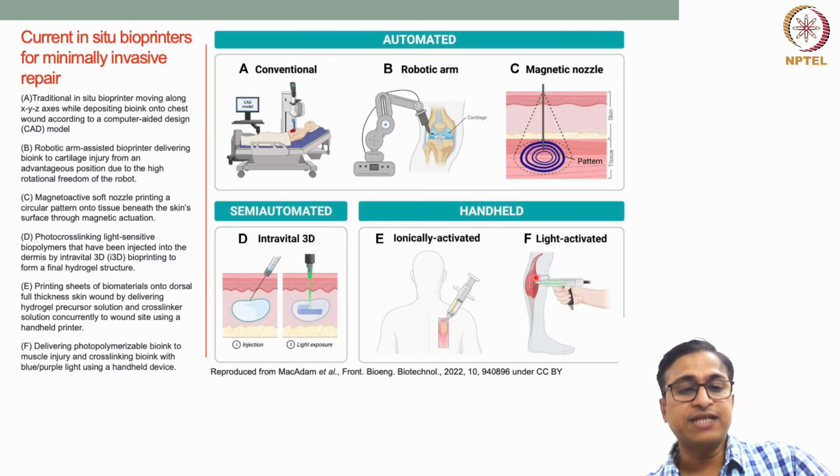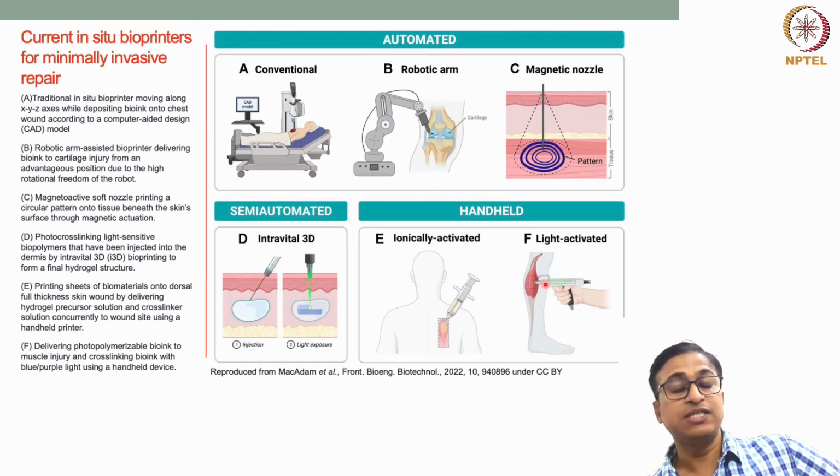Similarly, there is light activated handheld bioprinting, where a photopolymerizable bioink can be injected. Suppose there is a muscle injury, as shown here. Within the muscle injury a photopolymerizable bioink is injected, and this device also has another attachment for projecting light to this particular area, so the bioink can be cross-linked.